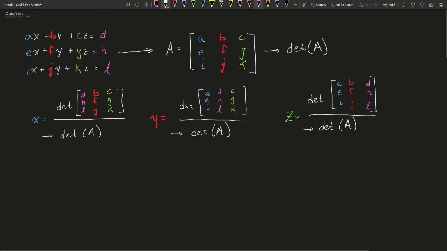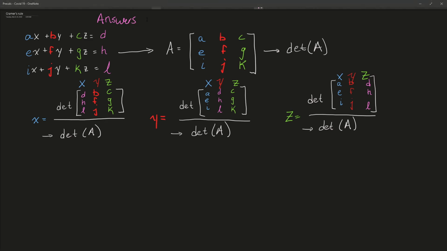The difference in each of these matrices is that in our x, y, and z column, we are replacing our answer column with the column that we're trying to solve for.